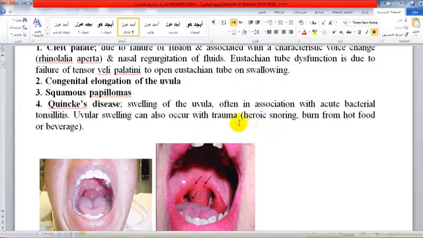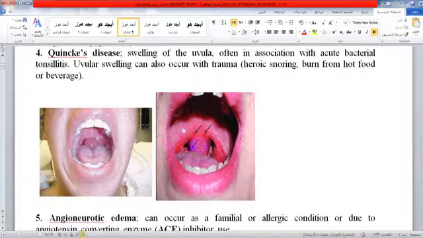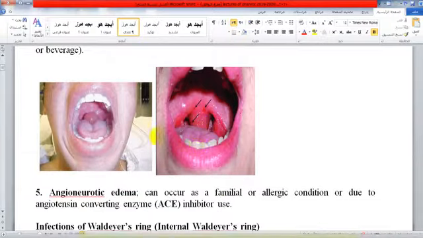Really, this is a very common problem, and many people, when they see it, are afraid of it. But the treatment is very simple, like taking warm fluids, antihistaminics, and sometimes we may need corticosteroids for a very short period. Like this, as you see in this case, and this is associated with an inflammatory process.